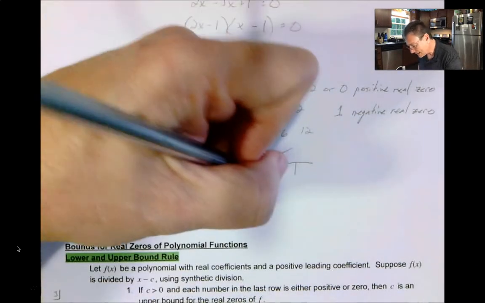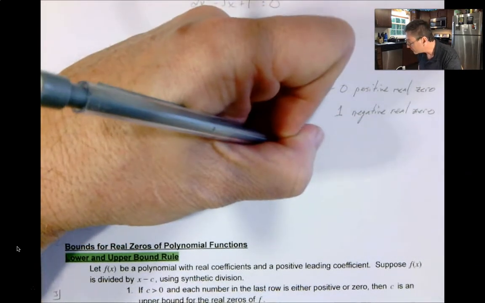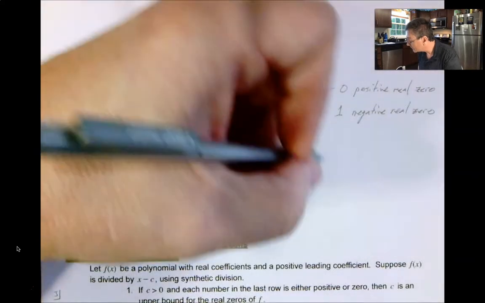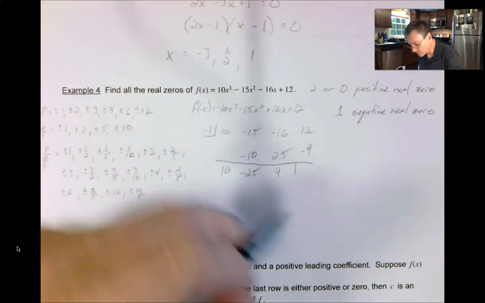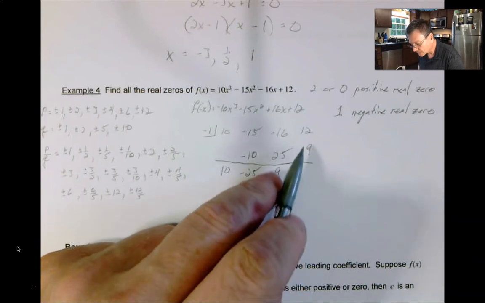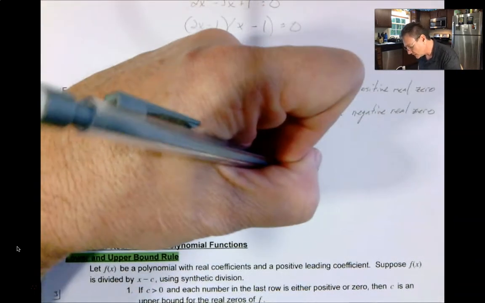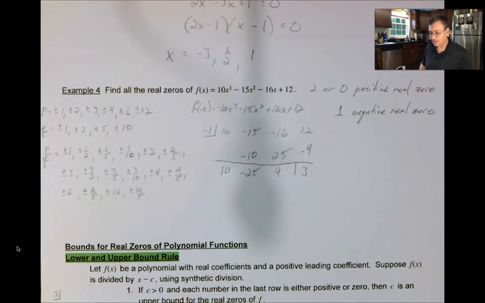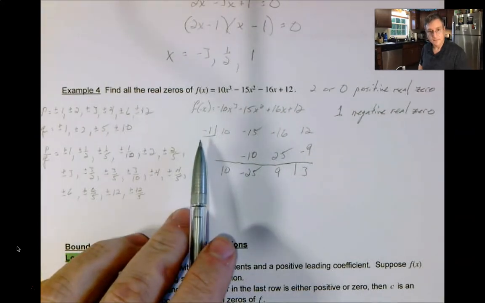That's going to be 9, negative 9. And that gives me positive 3. Okay, not a 0.